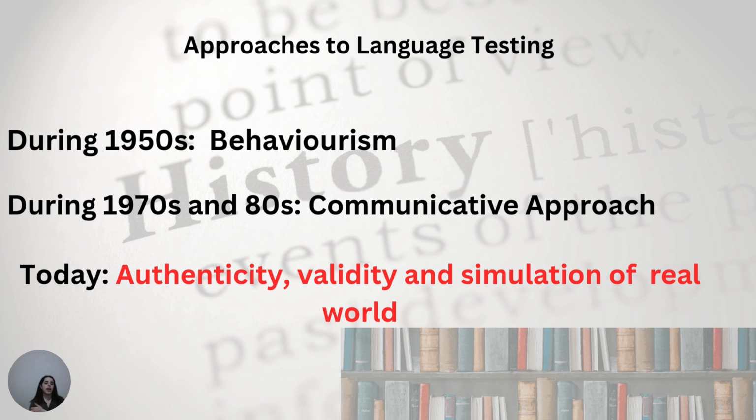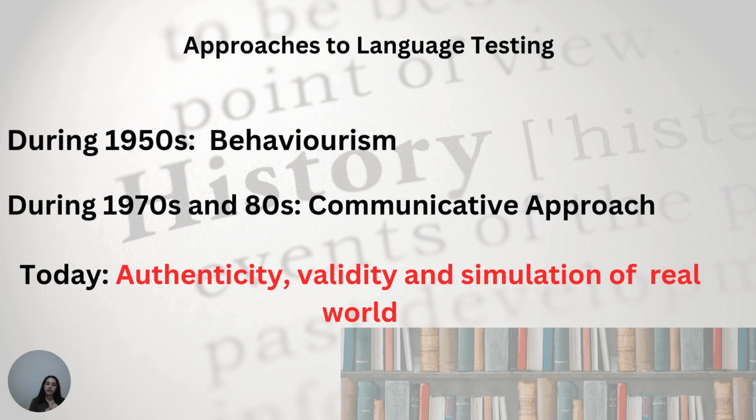That's why we skip to the 1970s and 80s, when we have the communicative approach. They supported that we have linguistic competence in our mind, and then we have performance to speak. If the students have linguistic competence, then they can use it for communication. They say language learning is for communication. At the end of this process, students should communicate using language.